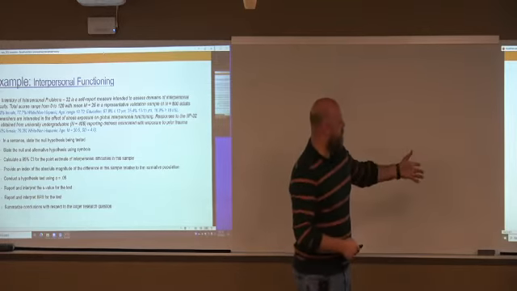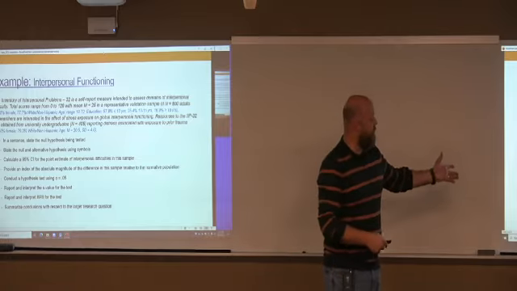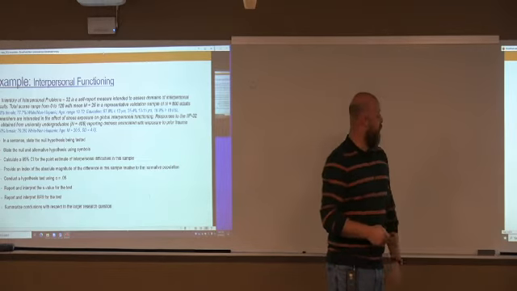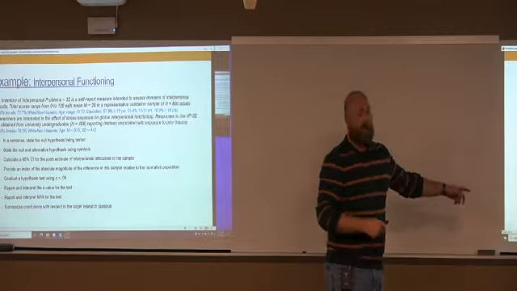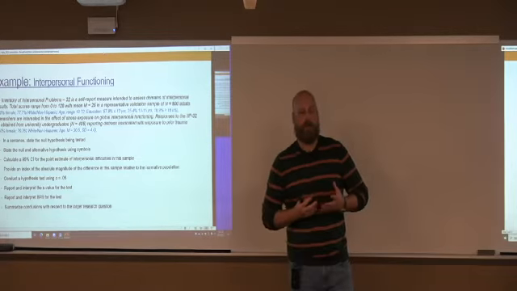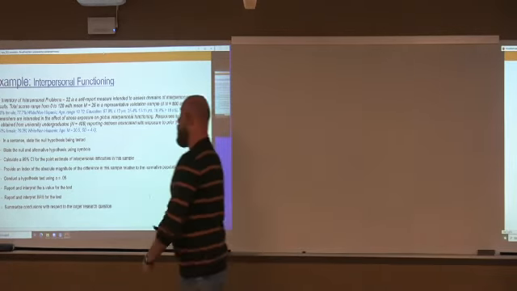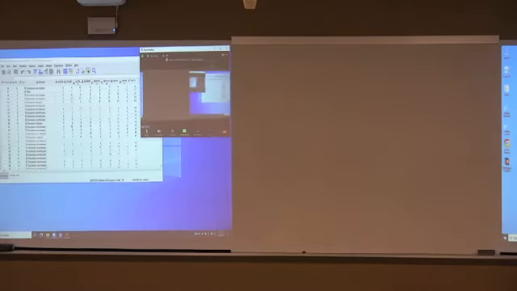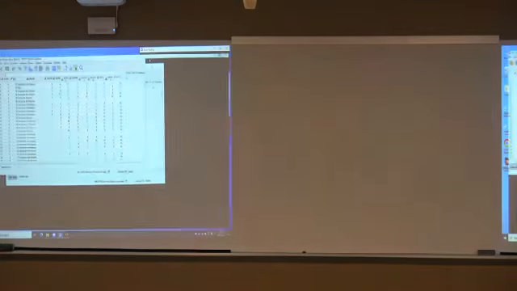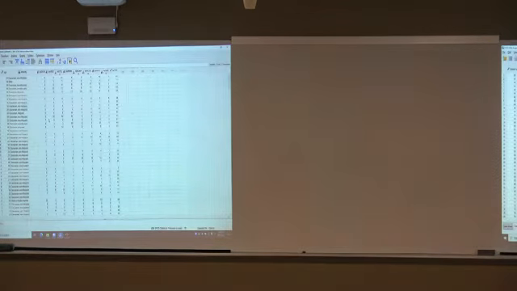Relative to the normal population, you're going to conduct a hypothesis test at 0.05, report and interpret an S-value, report and interpret a Bayes factor bound, and then summarize conclusions, pulling this all together. So if you open up your SPSS dataset, this is our data set here.